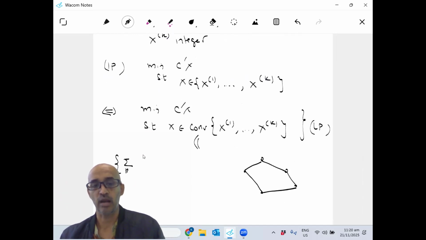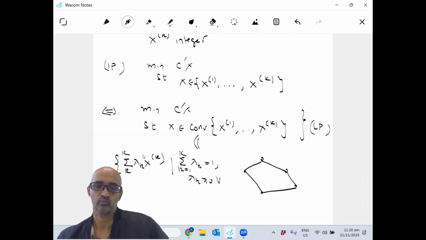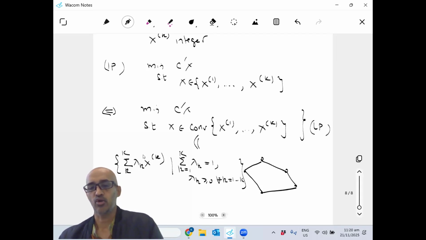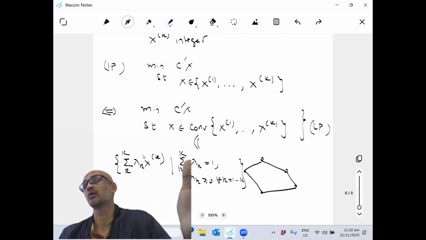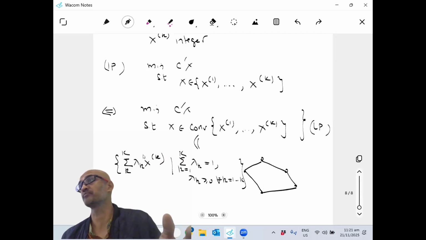It's the set of all sums of lambda_k x_k, where the lambda_k sum to 1. This is just the definition of a convex combination, over all these x_k. So you can write any integer program as a linear programming problem over the convex hull of the feasible points. But finding the convex hull is not easy.